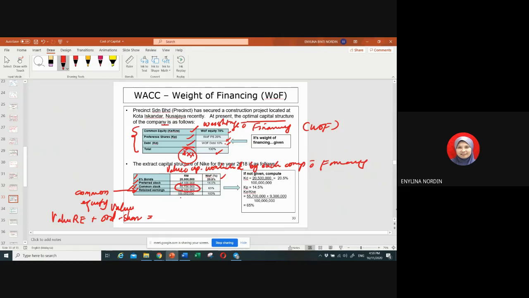Then out of this 100 million, 65% is contributed by these two components. So that is the WOF.